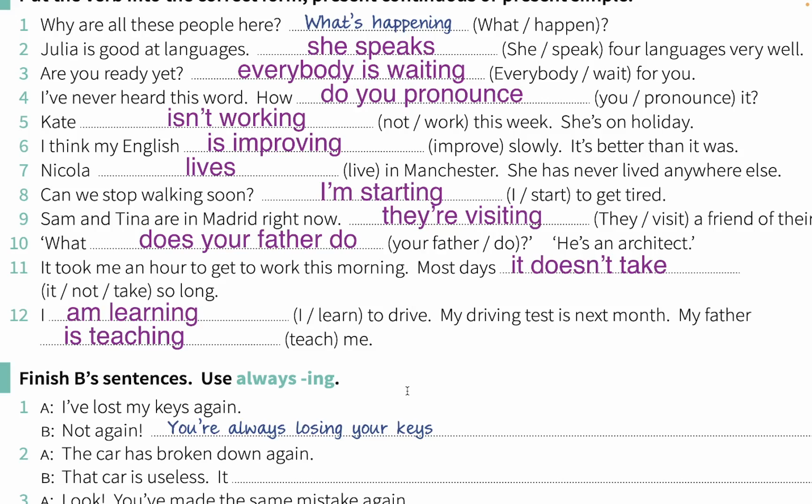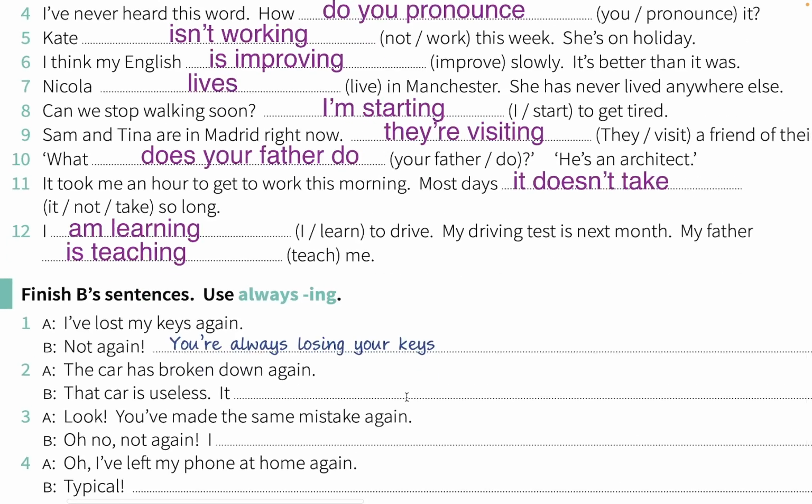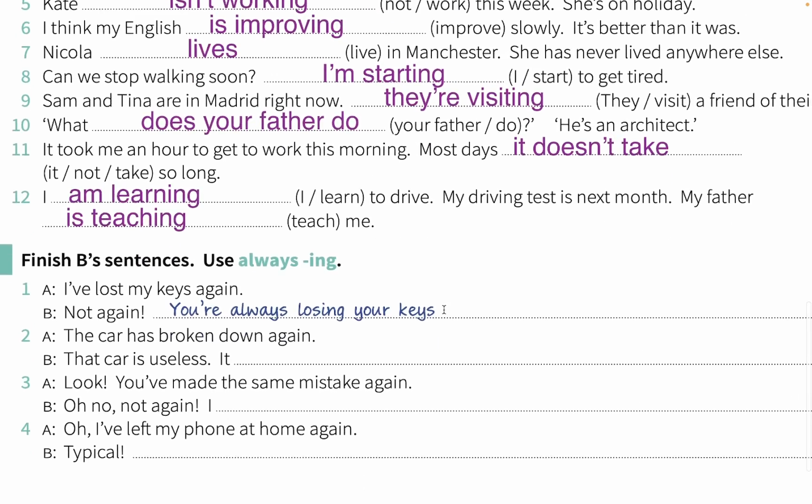Kalau mau pakai is, you can use what is your dad's job, or what's his occupation. You can also use that. He's an architect. Does that make sense, guys? Yeah, makes sense.